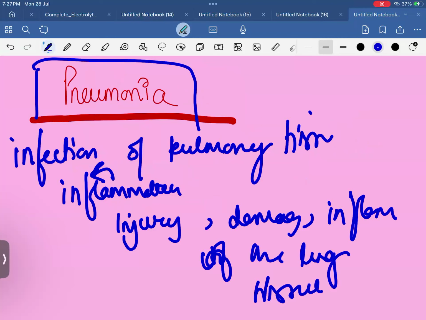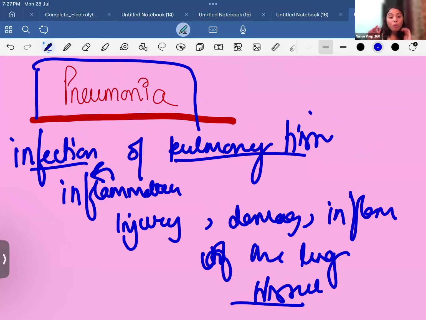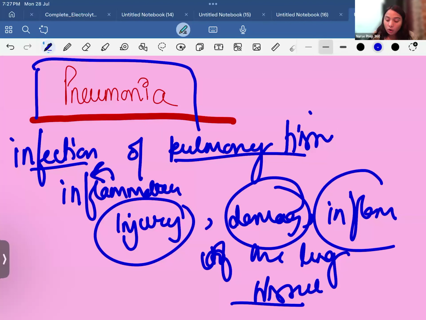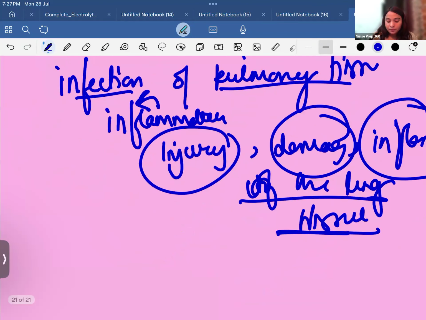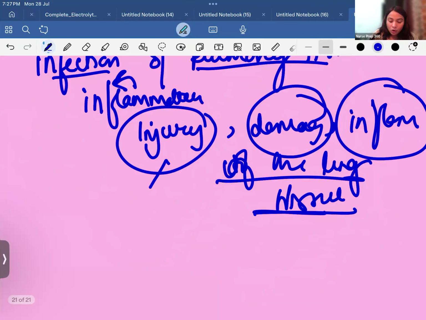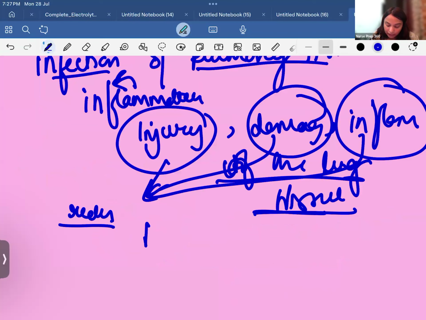You can also say it is an infection of the lung tissue, but more precisely, it can be due to injury, damage, or inflammation of your lung tissue. Whenever there is an injury, damage, or inflammation, there will be a release of transudate or exudate.